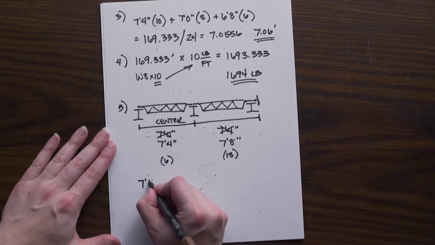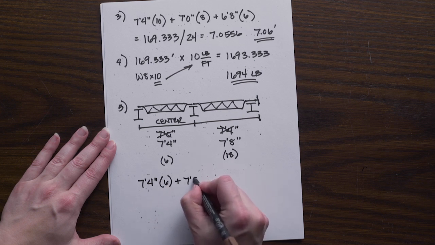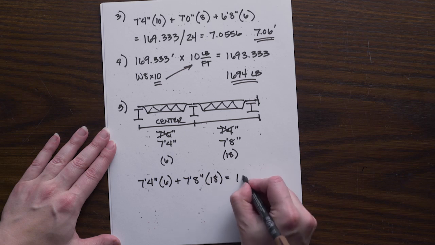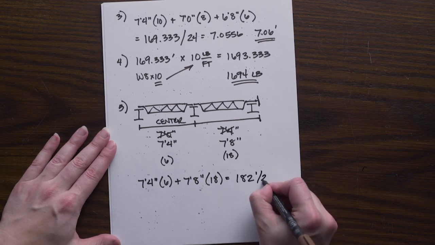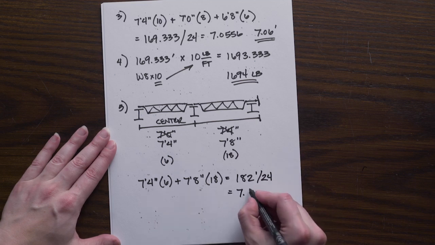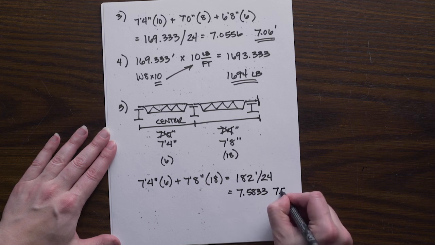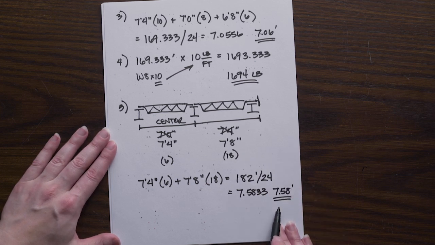So 7'4" times 6 plus the 7'8" times 18 gives us 182 lineal feet of joist. Divide by the 24 quantity, and that gives us 7.5833. So roughly 7.58 feet is the average per joist.